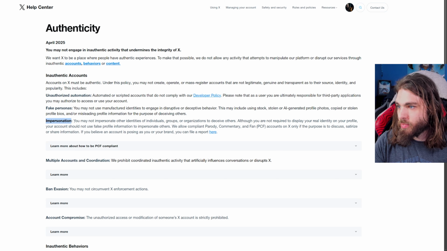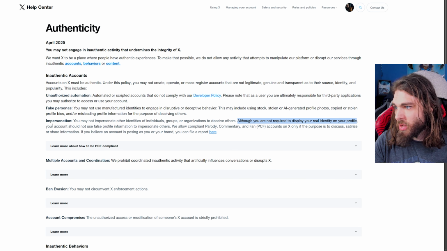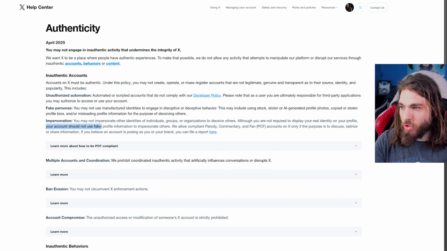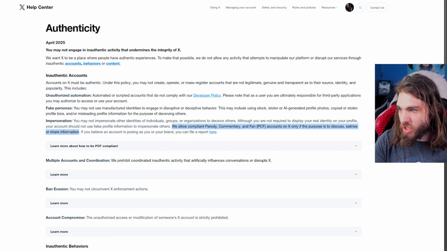Impersonation. Here we go again. You may not impersonate other identities, individuals, groups, or organizations to deceive others. Although you are not required to display your real identity on your profile, it's a bit backwards, isn't it? Your account should not use false profile information to impersonate others. We allow parody, commentary, and fan accounts on X only if the purpose is to discuss, satirize, or share information.